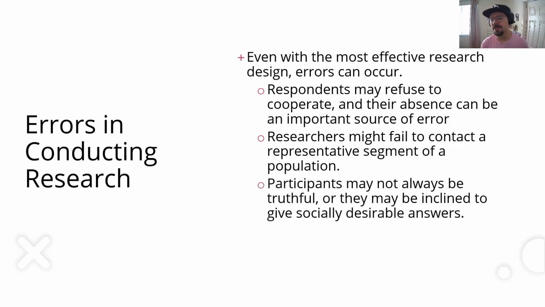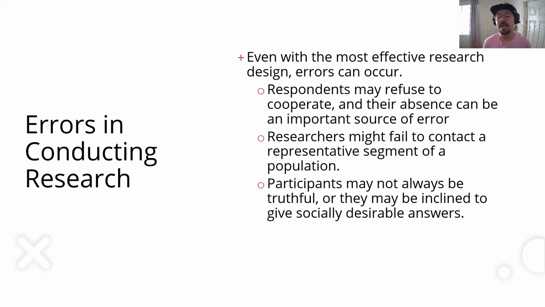And finally, participants may not always be truthful, or they may be inclined to give socially desirable answers. Two perfect ideas that come to mind about this are with regards to drug usage and sex. Those are two topics that in the US we're really hesitant to discuss in a very open manner. So if we are conducting research on these topics, we have to remember that we could be asking people questions that they may be inclined to give socially desirable answers to.